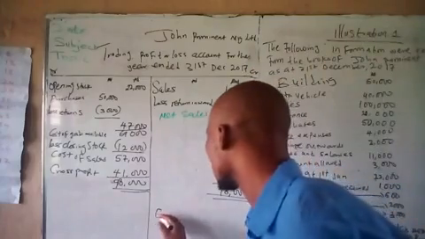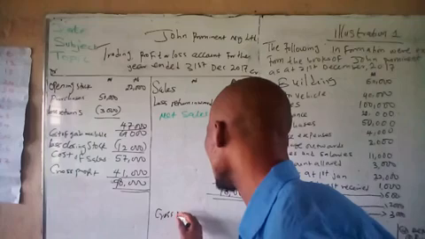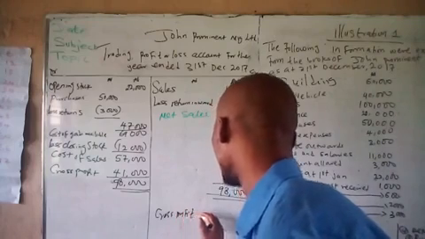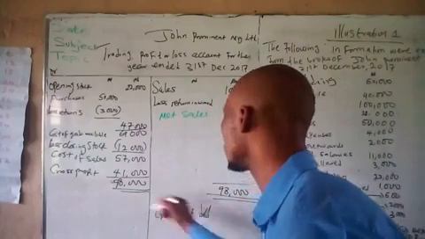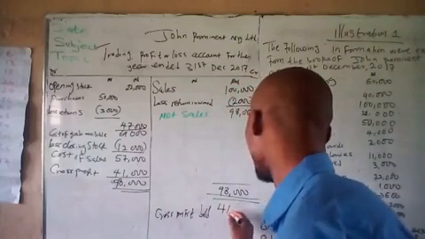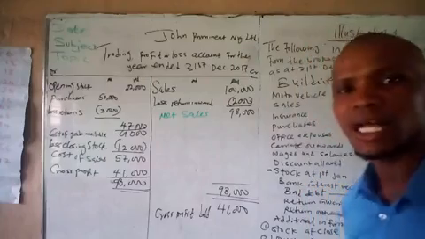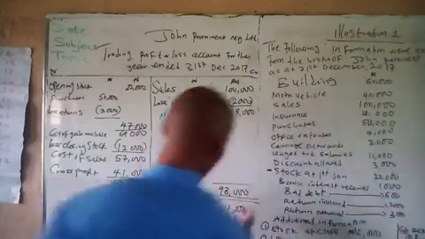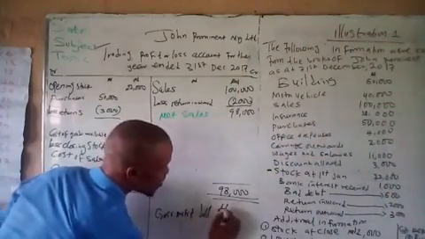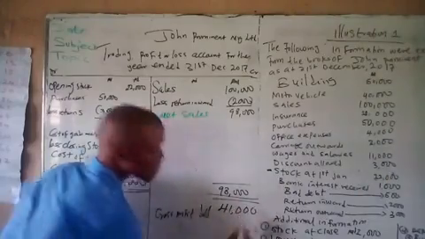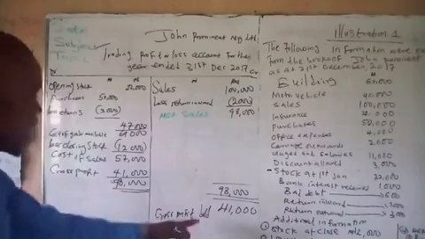You now say gross profit brought down, 41,000 naira. Is that taken now?